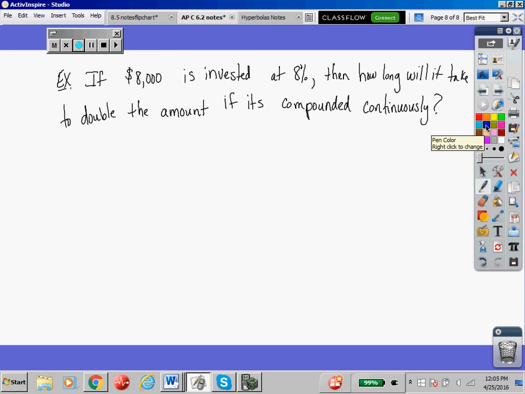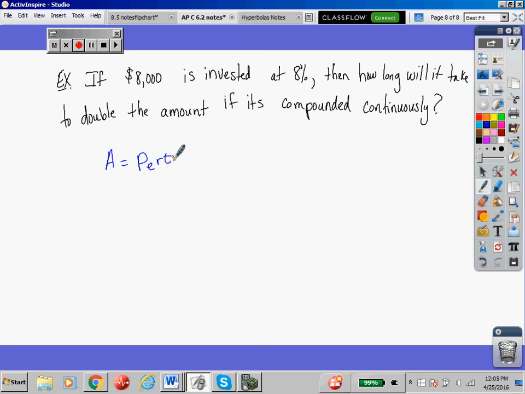All right, if $8,000 is invested at 8%, then how long will it take to double the amount if it's compounded continuously? So I perk up when I see compounded continuously. That's PERT. A equals P times e to the RT. And again, some of this is just inference. I think most of you have taken the ACT, and there's some inference on the reading section.